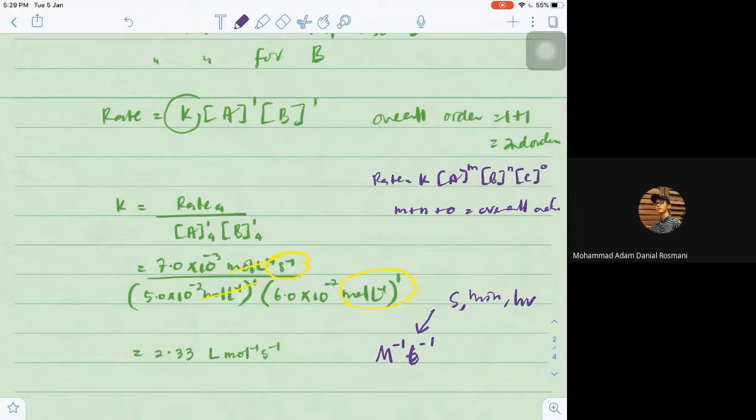I told you that the rate law shows the effect of changes in the concentration and also the temperature. These are the two factors, the temperature factor and the concentration factor. What we have calculated here is when we change the concentration of the reactants. When we change the concentration, it gives an effect to the rate.